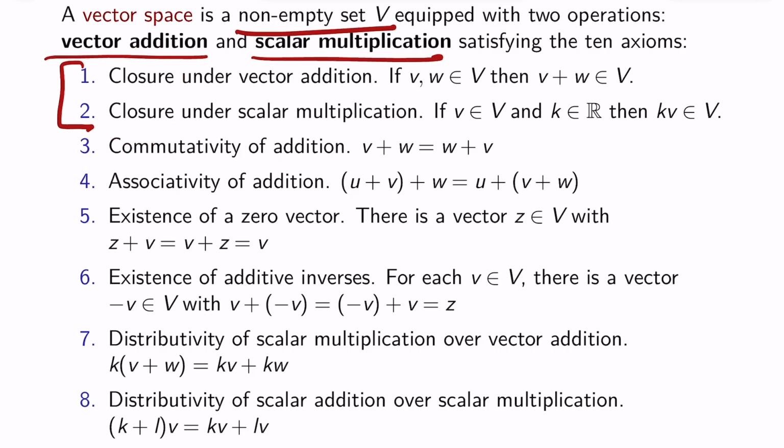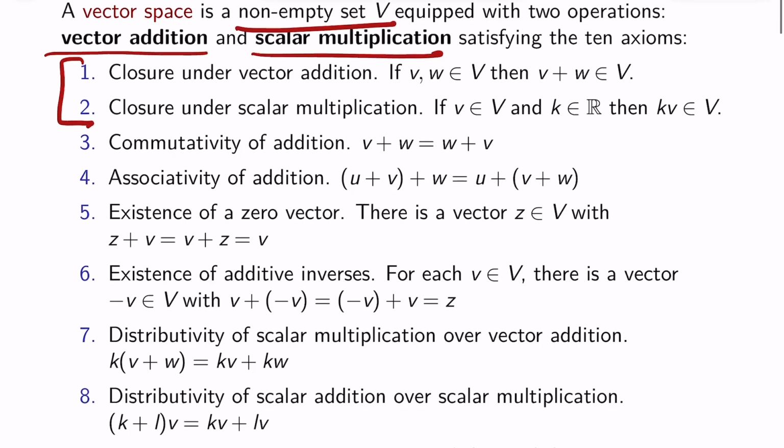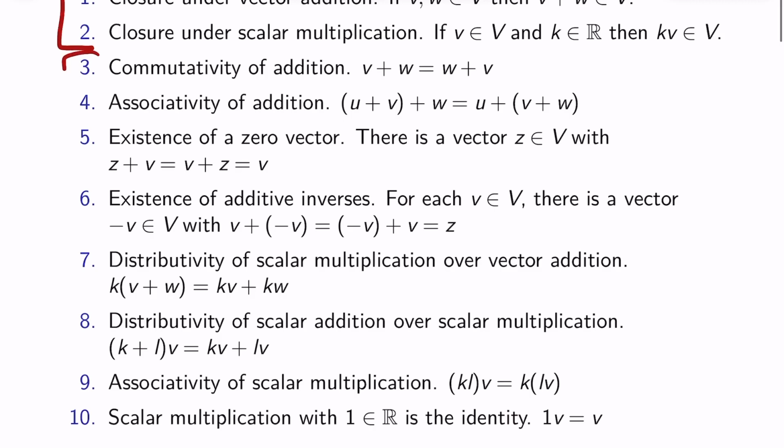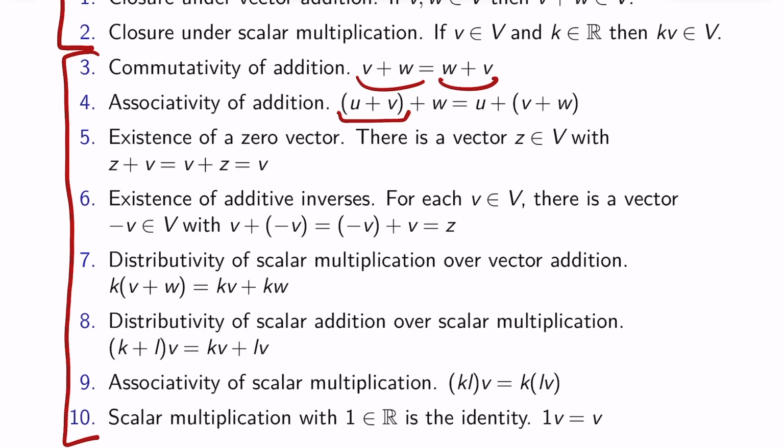After we have the operations defined like that, we also have to check that they satisfy the remaining 8 axioms. These axioms are like regular properties that the operations with vectors do satisfy, so any other space that we are trying to see if it's a vector space should satisfy those. The addition should be commutative, and the addition should also be associative.